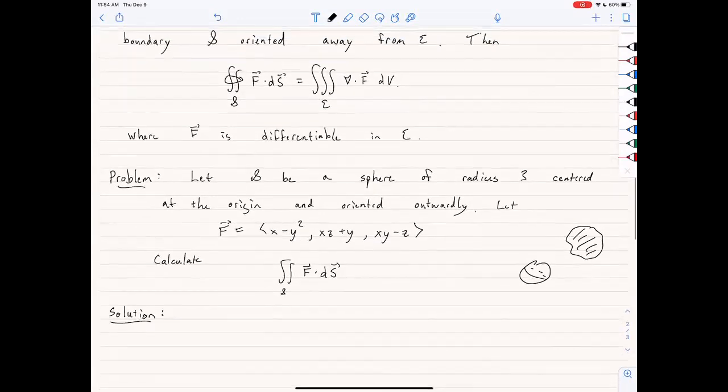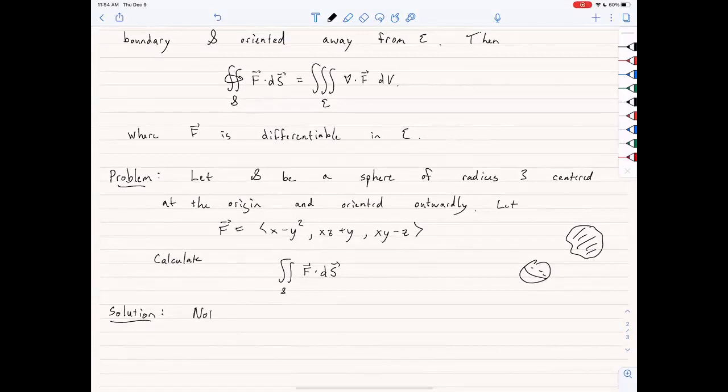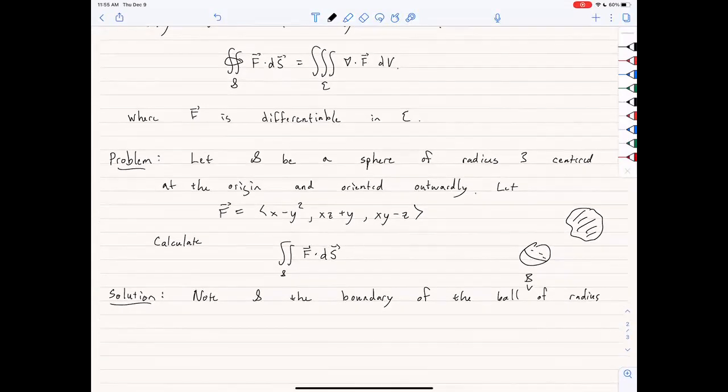All right, so let's apply the theorem. Note, S is the boundary of the ball of radius 3. So we have some region, let me call this ball B, radius 3. We have a region that gives us the surface S as its boundary, oriented compatibly. We check, and F is indeed defined and differentiable on the ball.